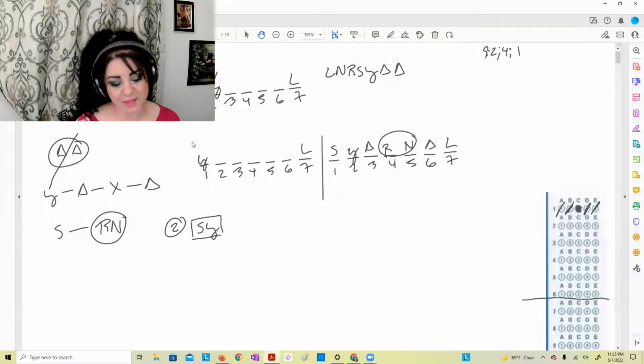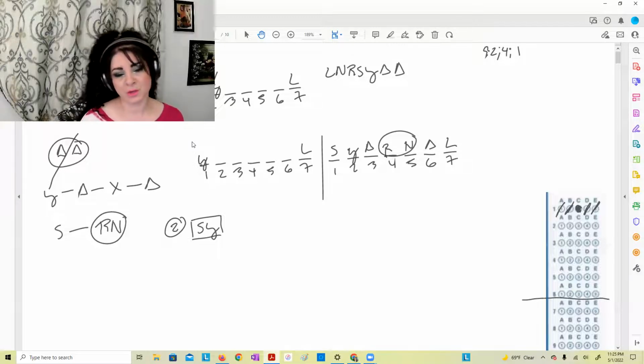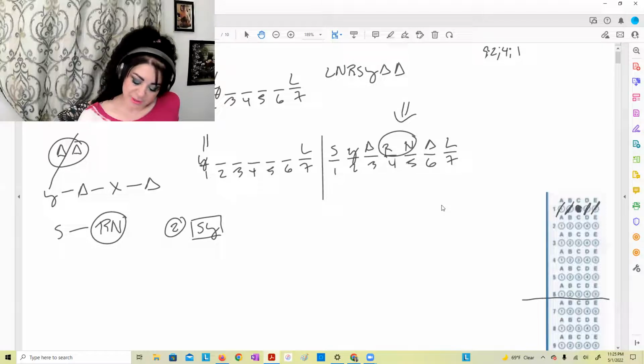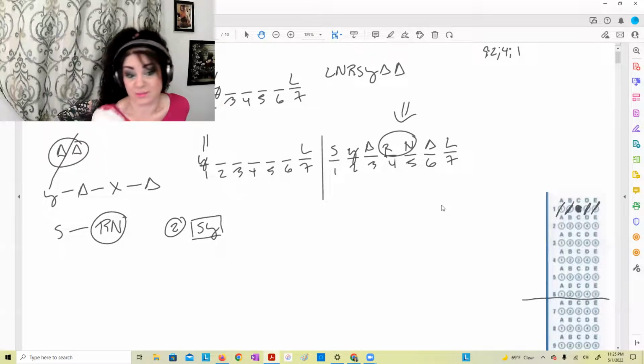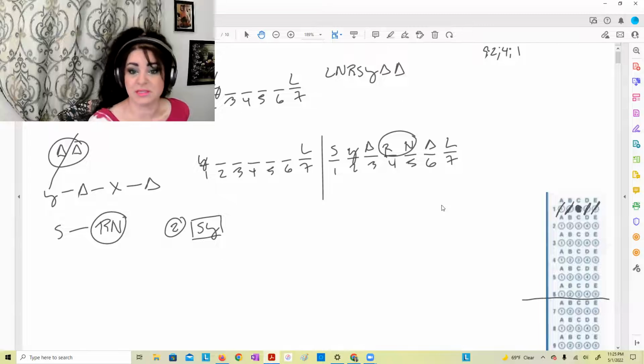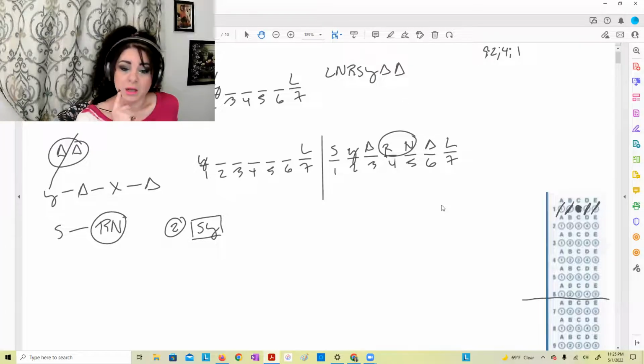So if that happens, then what must be true? Here's what I'm looking at. In order to have an SY block, we have to deal with our right side template. That could never happen on our left side template because Y is number 1. So we're looking at our right side template, and there's a bunch of things that must be true.